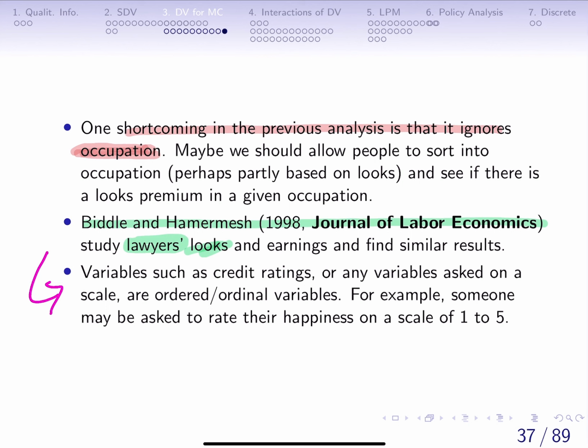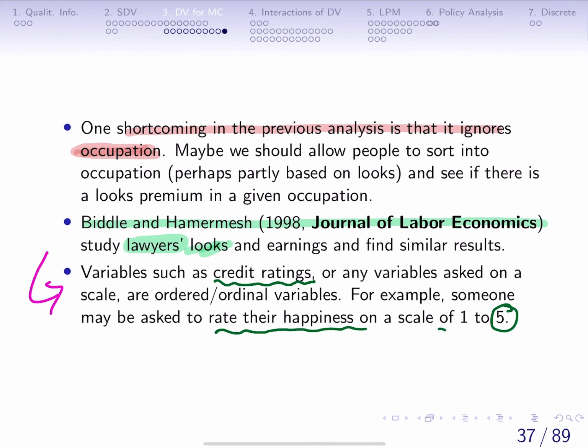One example in your book also talks about the effect of, let's say, city credit ratings on municipal bond interest. You can take a look at that. But there are many other types of examples where you would use ordinal information, let's say captured in credit ratings, or if you were asked to rate your happiness in an econometrics class.